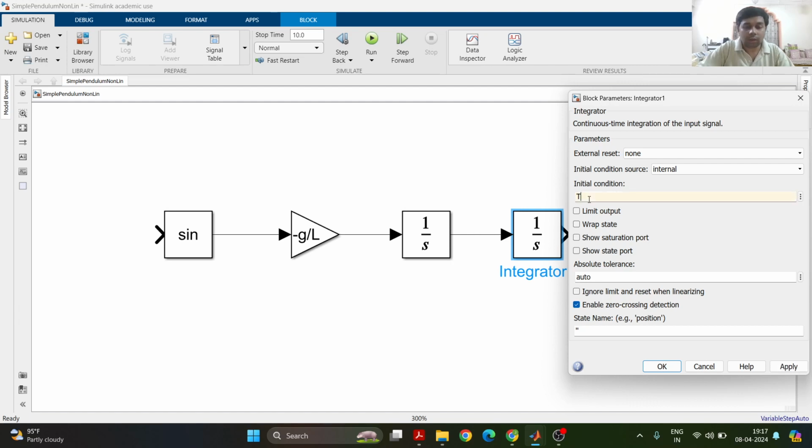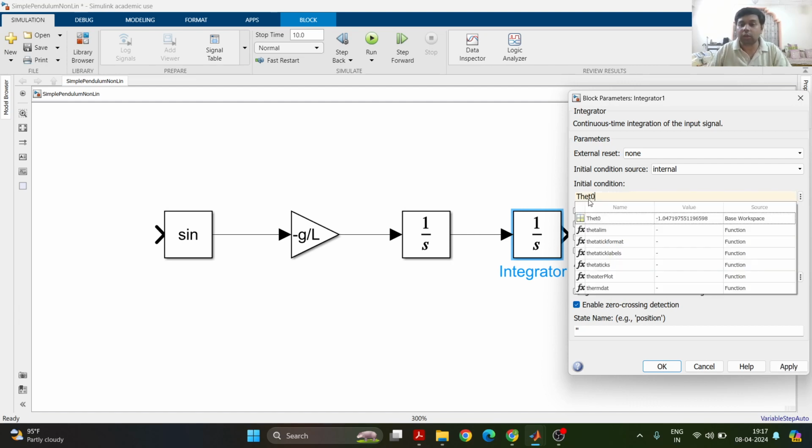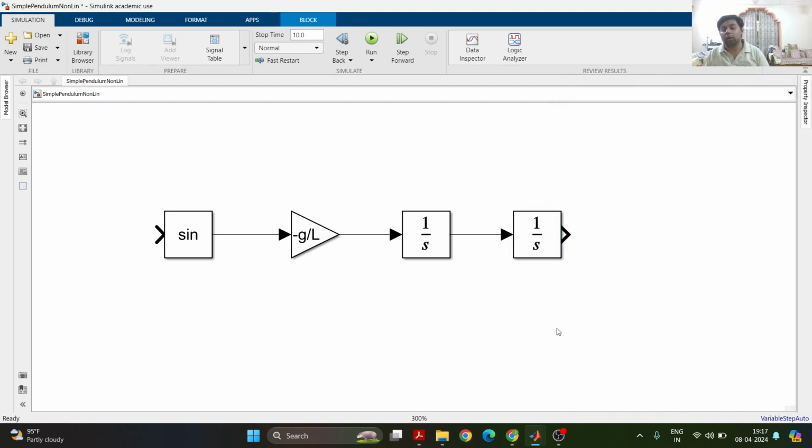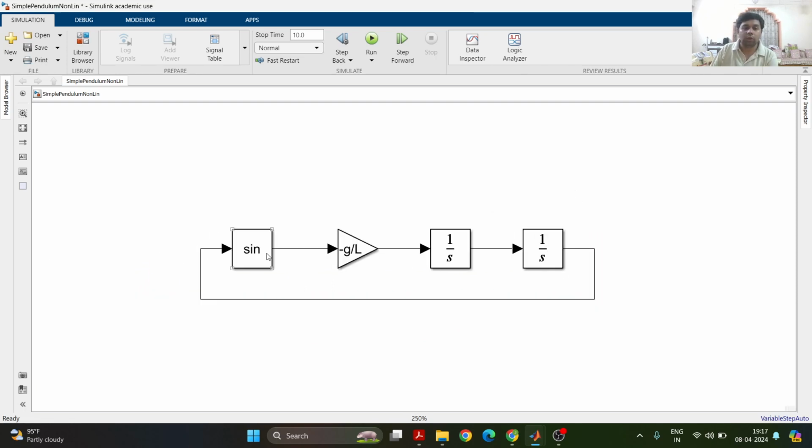Here we initialize this to the value of theta naught. And this is basically theta, and this goes into the sine block. So essentially this itself is the model.